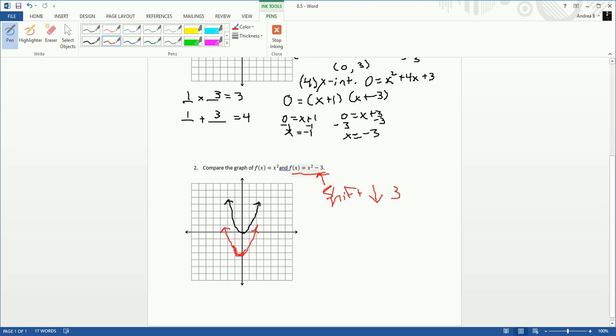If this negative 3 was in with the x, then it would have actually been shifted to the right 3 instead. So make sure you are careful whenever you're trying to figure out how those graphs compare to each other, whether they're shifted left, right, up, down, or a combination of both. It could even be flipped upside down if there is a negative in front of those x's. So it does make a difference, those signs, so pay careful attention to that. And if you have questions, make sure to ask like normal.